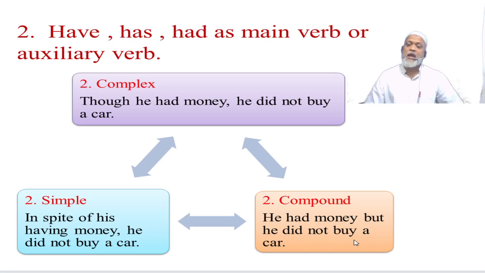Okay, and you should think of it in the opposite way. If you are given a compound or simple sentence to make it complex, or a complex sentence to make it simple or compound, you think in such a way.